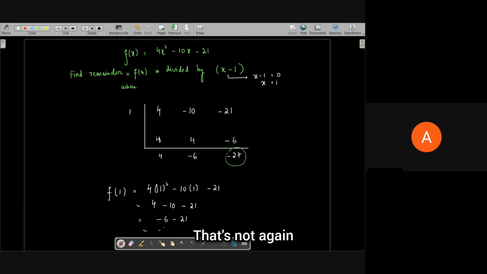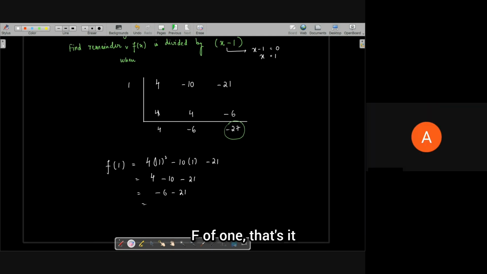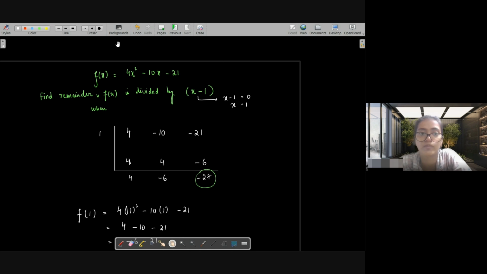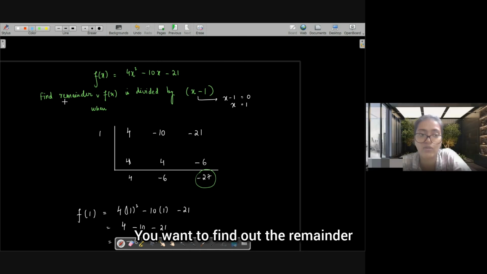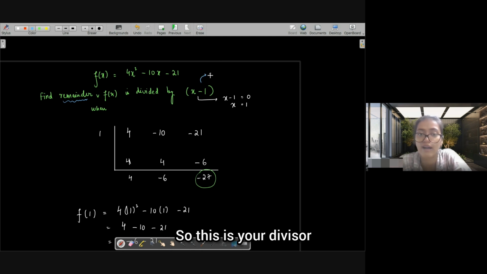Wait, can you go over that again? Which step? F of 1, that's it. F of k. So you have to set the divisor equal to 0. That's your divisor. You want to find out the remainder when f of x is divided by this polynomial.